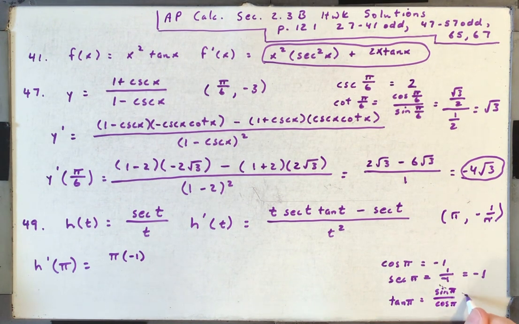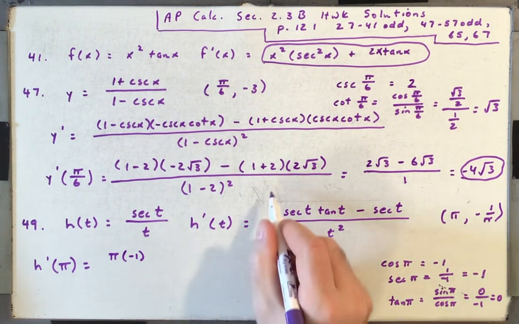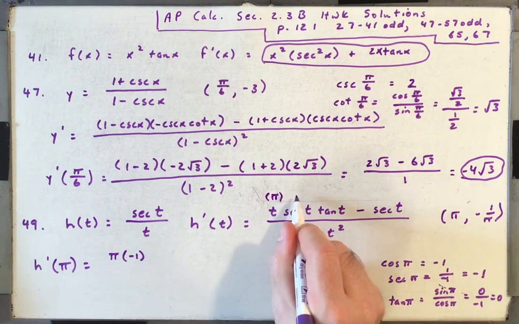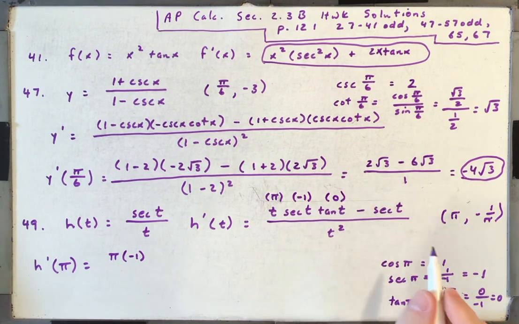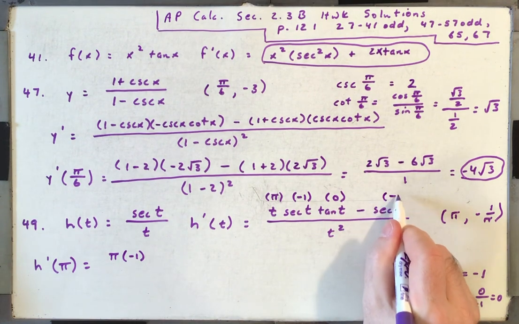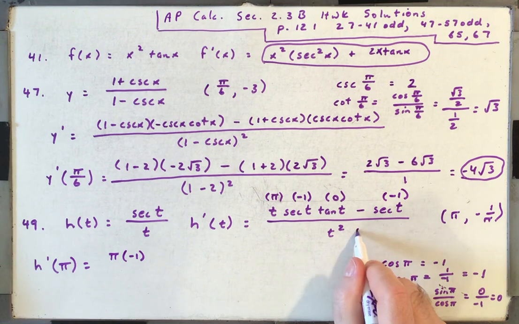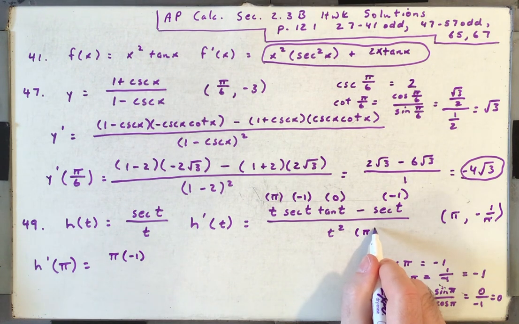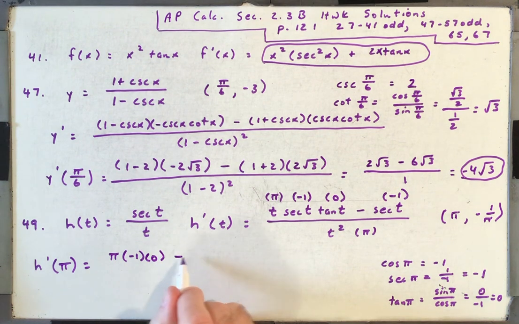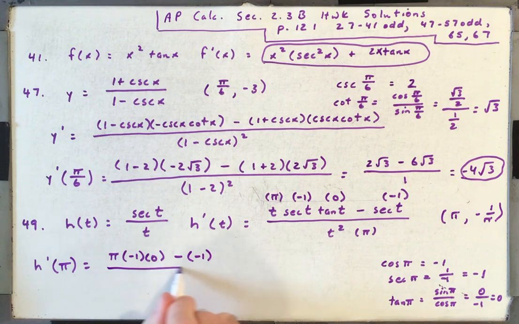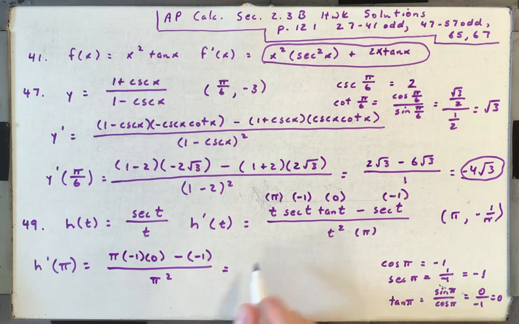The sine of pi is 0. The cosine of pi is -1, so that's 0. So I can put them up here. Pi, -1, 0, and then we would have a -1, and down here is going to be pi for t, so pi squared. So pi times -1 times 0 minus -1 over pi squared, and that's going to be a positive. Minus minus makes a positive 1 over pi squared.